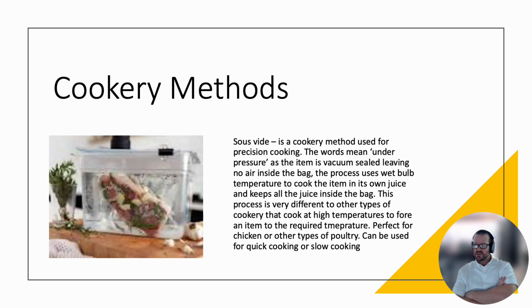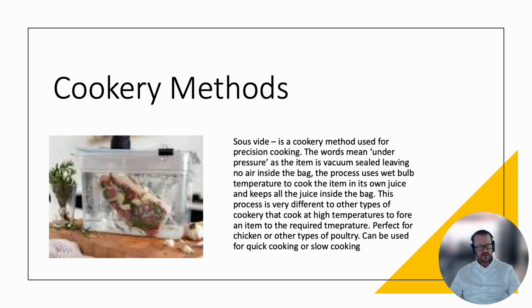So if we've got a chicken breast, traditionally, or classically, what we would do is pan fry this on the outside and then put it in an oven at 200 degrees and cook it until it reaches 75. So that's quite a bit of guesswork. We talk about using a probe thermometer, where we can stick it in and check the temperature, but we're still guessing about how long that's going to take.